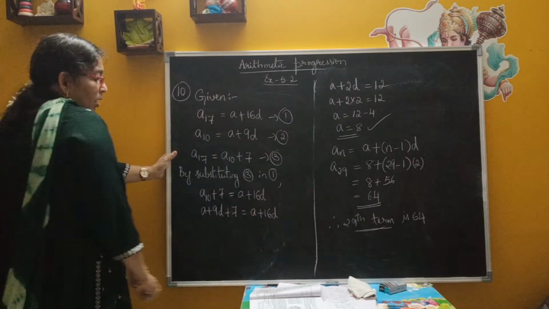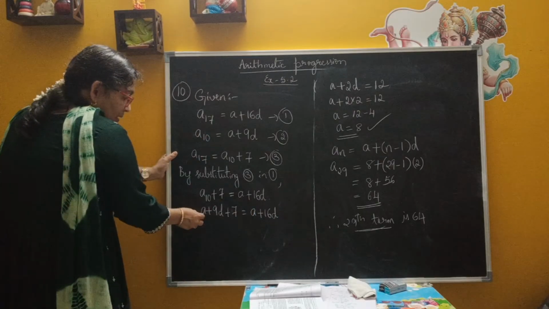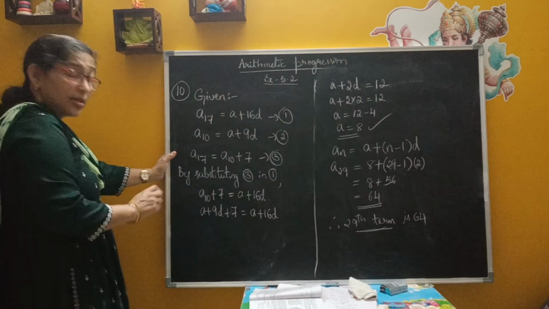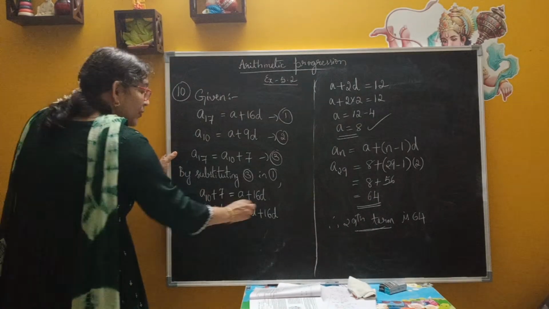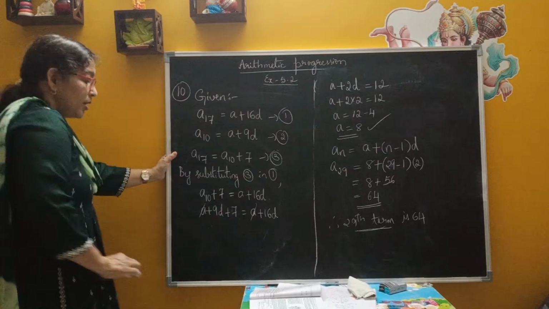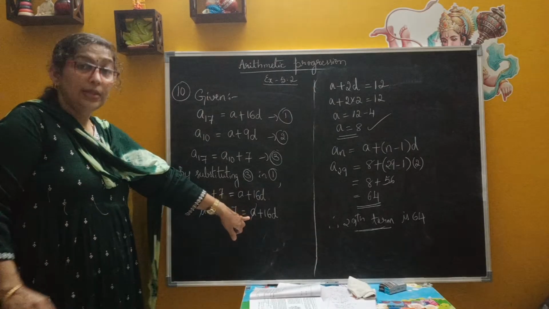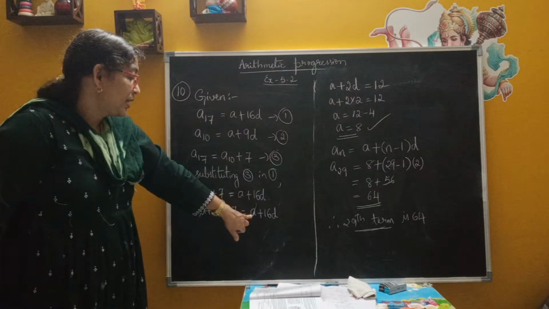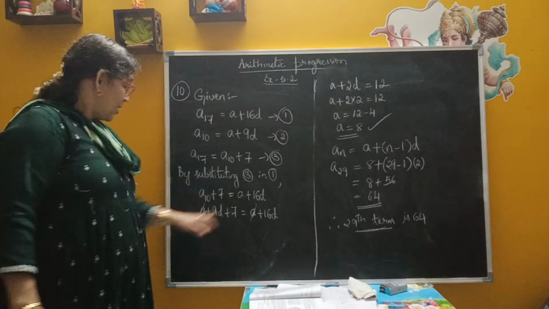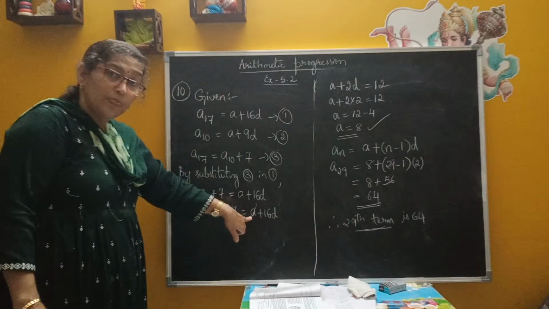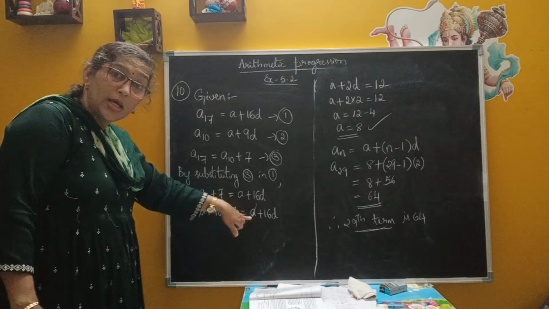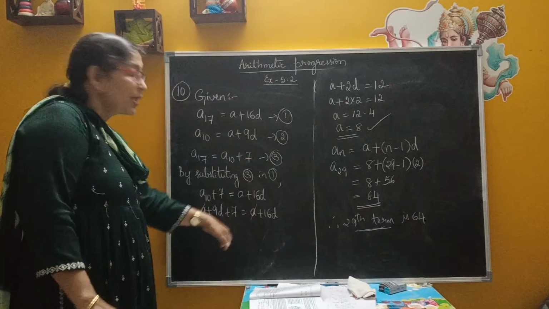A here, A here also. If I transpose this, A minus A gets cancelled, isn't it? So A gets cancelled. When can we cancel it directly like this? Only if both sides, LHS and RHS, have the same variable with the same coefficient and the same sign, we can cancel it directly.